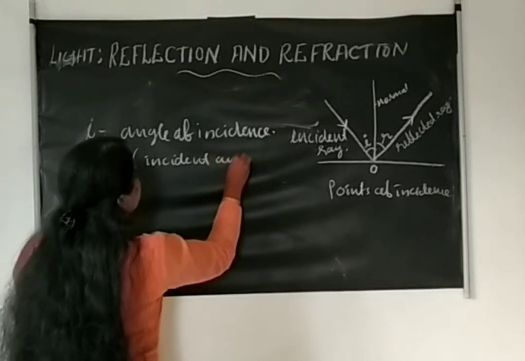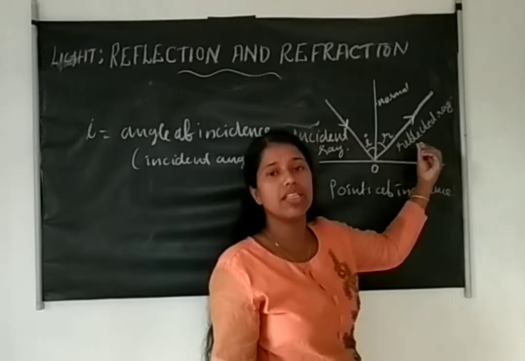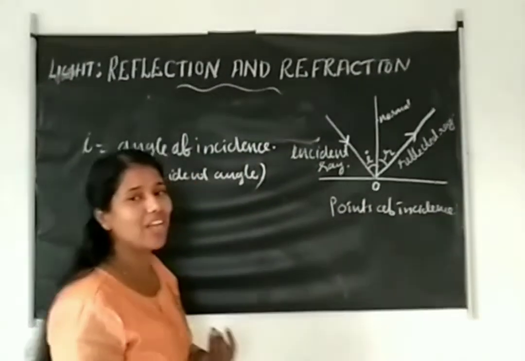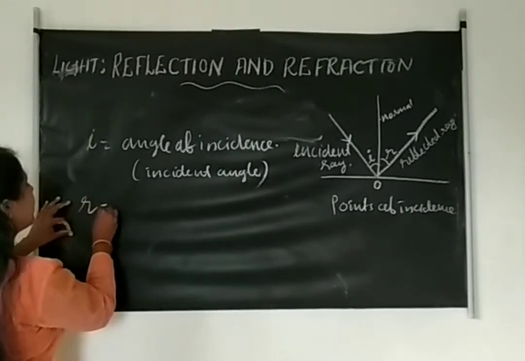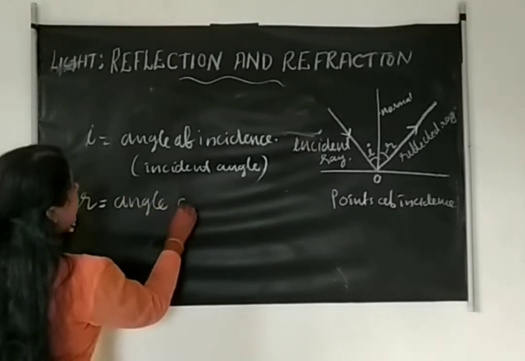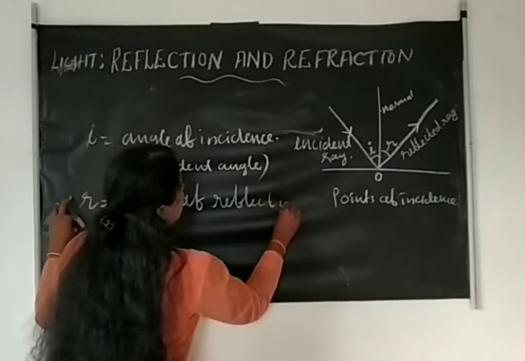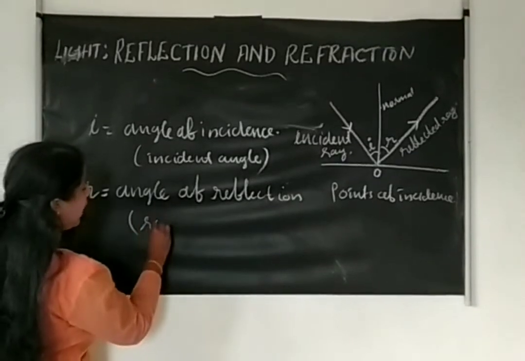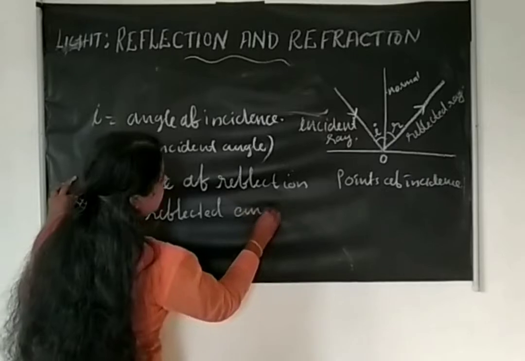The second one is the angle between the reflected ray and the normal, denoted by the letter R. That is the angle of reflection, or the reflected angle.